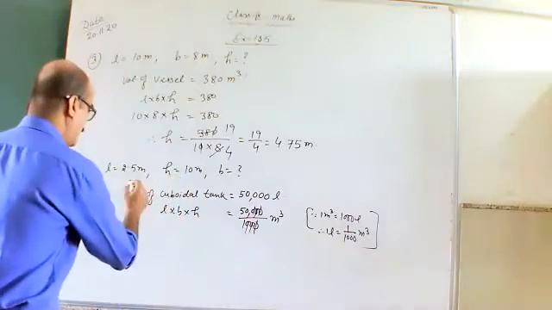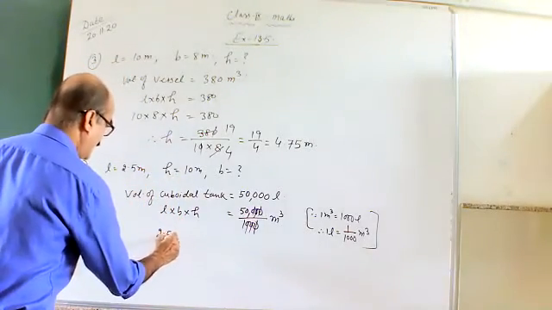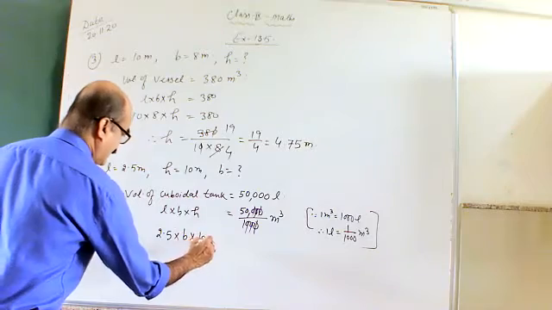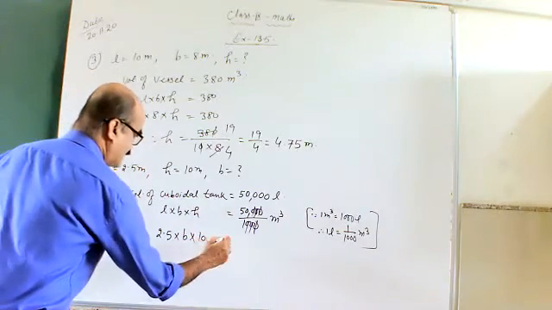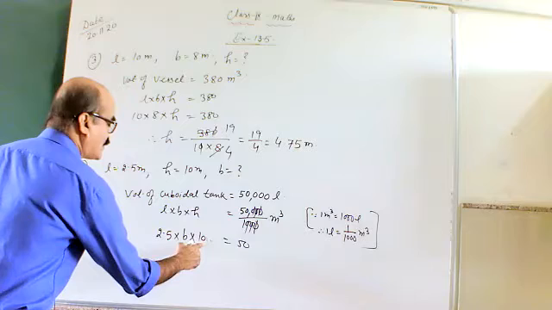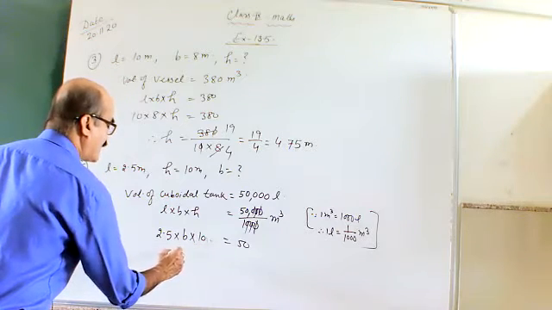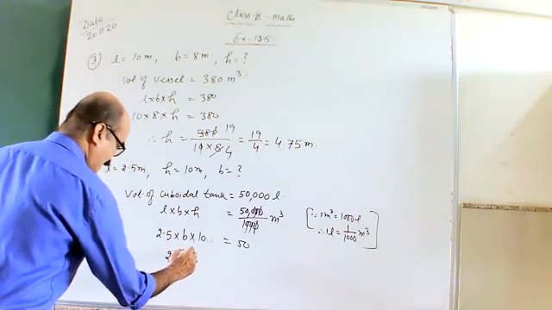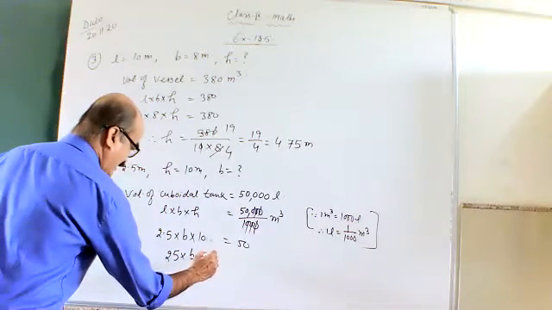And L is 2.5. Breadth we need to find. Height is 10 meters. Right? Is equal to 50. So 2.5 into 10 is 25, 25 into B is equal to 50.